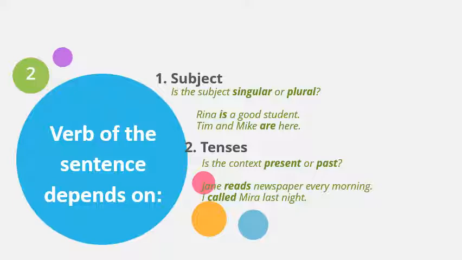So that's why the verb that we have here is in the past form: called, call plus ed. So remember, the verb depends on the subject, whether it is singular or plural, and the tenses, whether it is present or past.